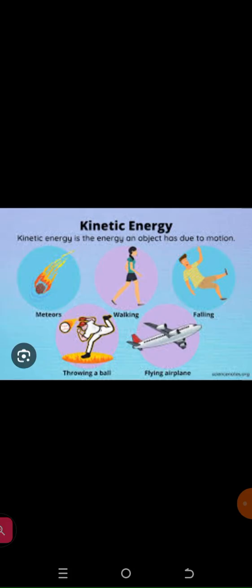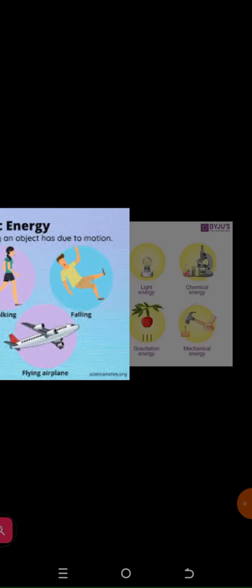An object that is at height has gravitational potential energy. When you throw the ball downward, it falls down due to gravity and its potential energy converts into kinetic energy. Now, kinetic: a boy is walking, a man is falling down, the aeroplane is flying, or throwing a ball, all these objects are in motion and they have kinetic energy.